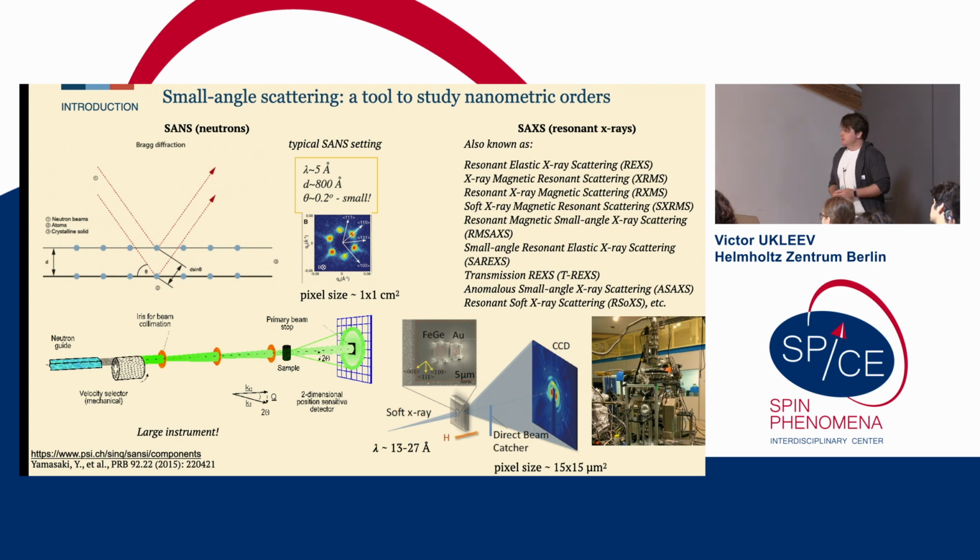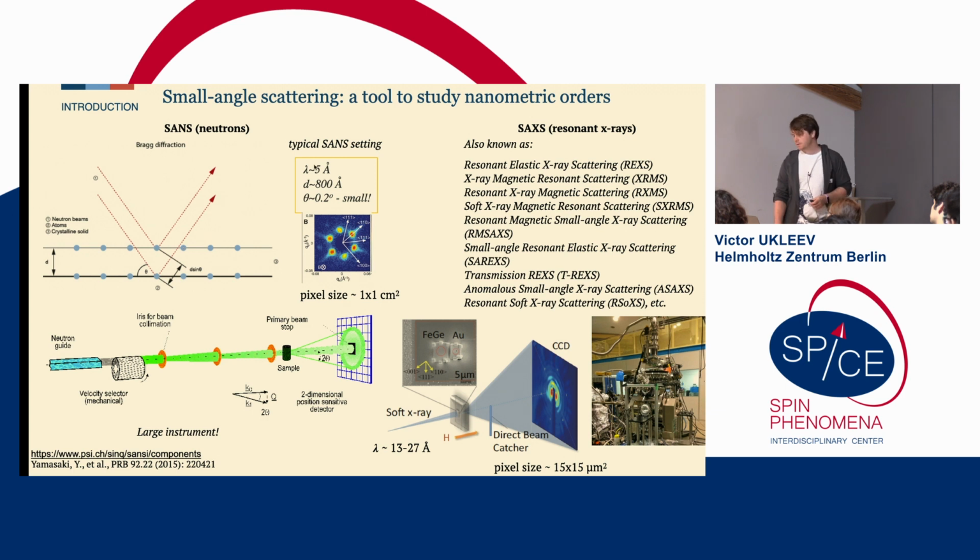And yesterday, Dennis nicely introduced the small angle neutron scattering technique. So let me just briefly remind what it is. If you have long periodic magnetic or any other kind of structures, you apply Bragg's law for a small angle scattering regime.